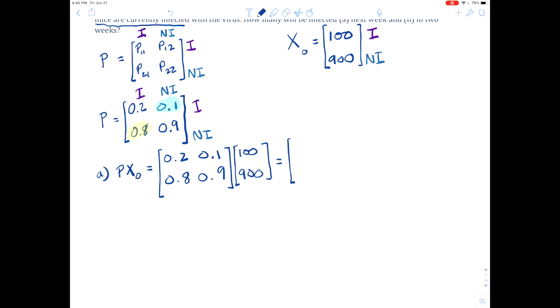Well, we have a 2 by 2 times a 2 by 1. So we're going to end up with a 2 by 1. So we'll have 0.2 times 100 is going to be what? 20, plus 0.1 times 900 is 90. So 20 plus 90 is 110. And then 0.8 times 100 is 80.